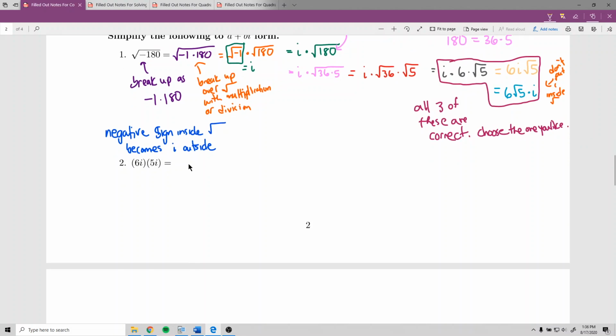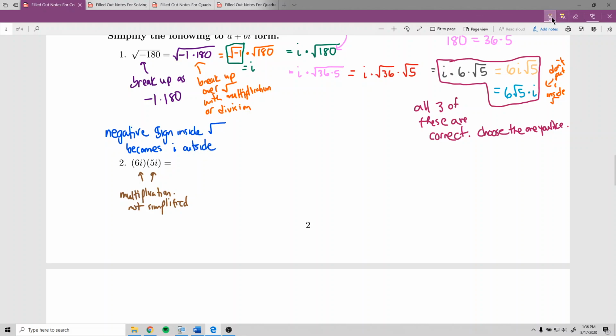All right, so number 2, we got 6i times 5i. The reason this is not simplified is because there's multiplication. Now this is not really multiplication of complex numbers in the way we'll do it next. This is a little bit shorter.